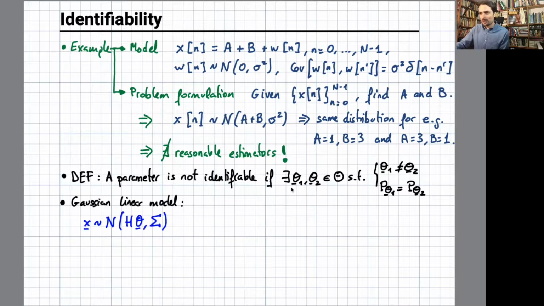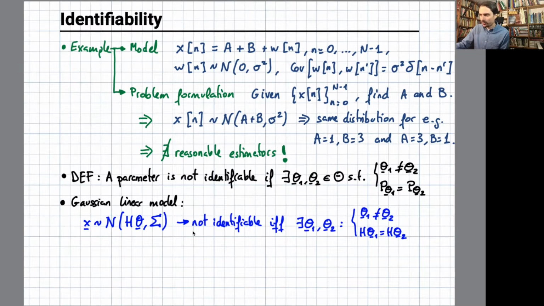All right, so let's see how this condition translates under the specific case of the Gaussian linear model. Under this model, remember that this is the distribution of the data, and we therefore say that the parameters are not identifiable if there exist two different thetas for which the distribution is the same.